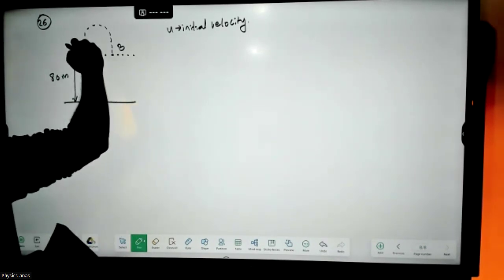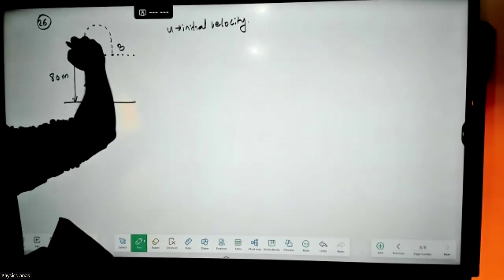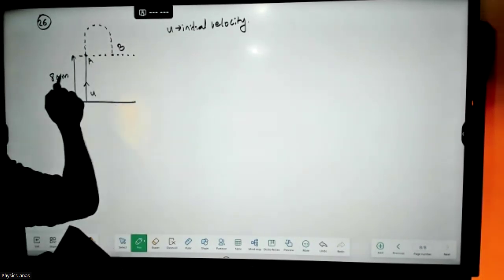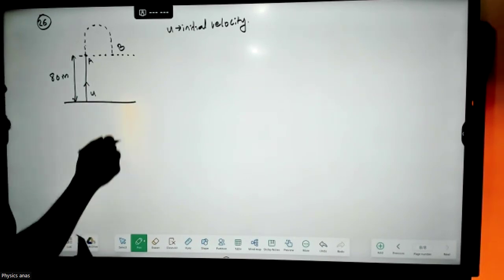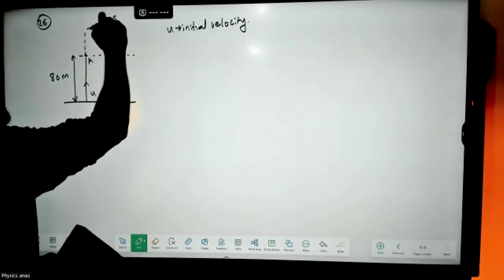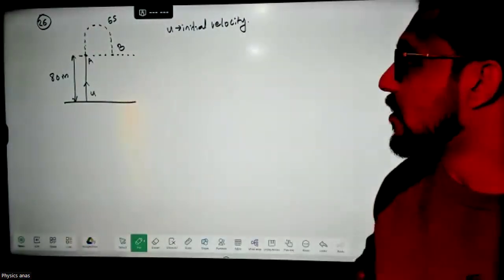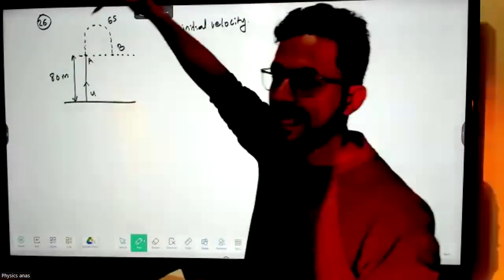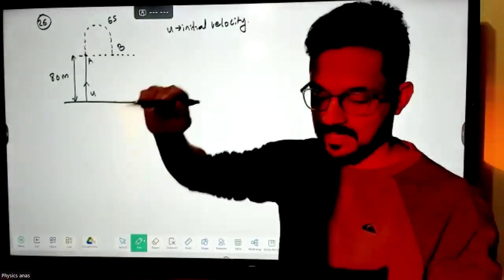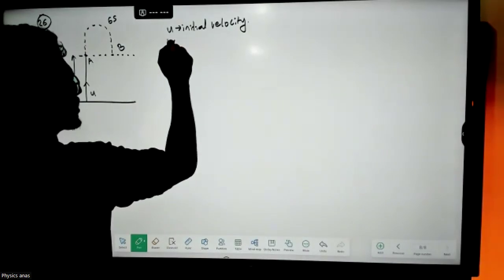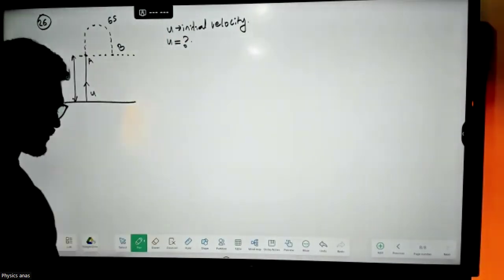What does the time interval being 6 seconds mean? The time interval for the ball to meet this 80 meters is 6 seconds. That is the question. Find u.